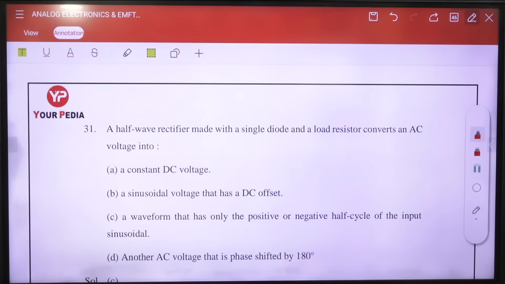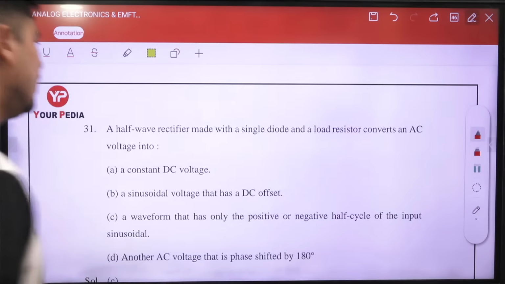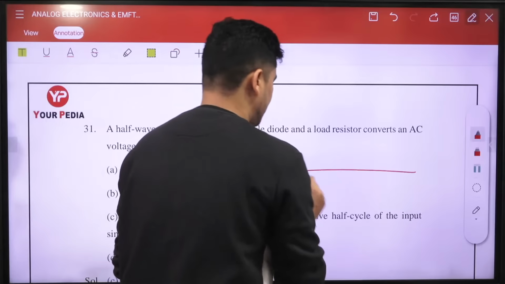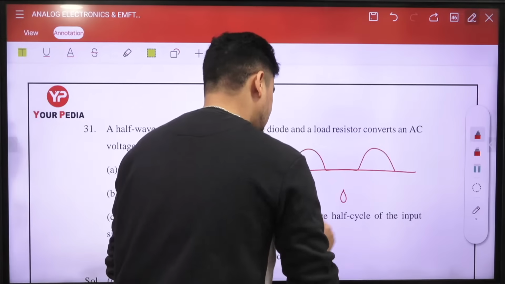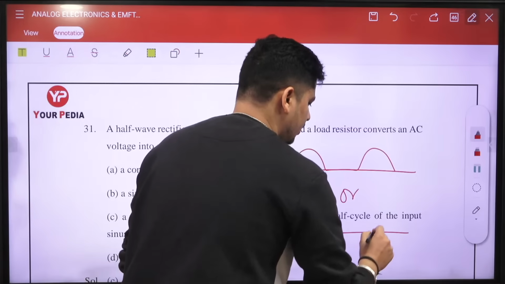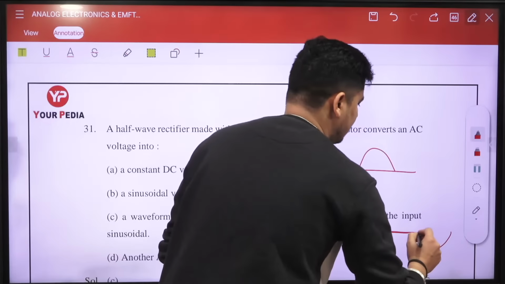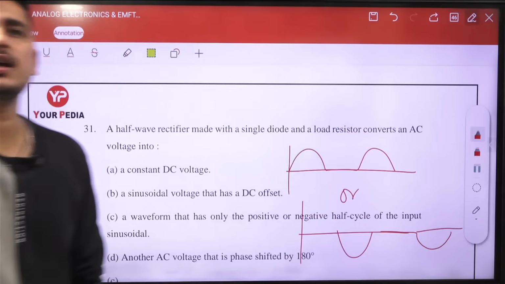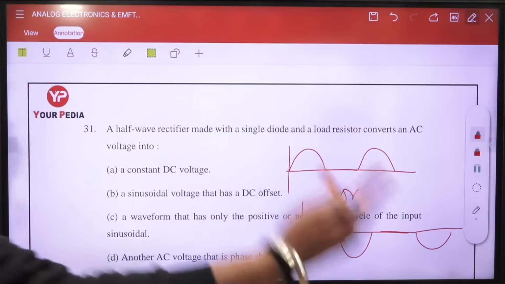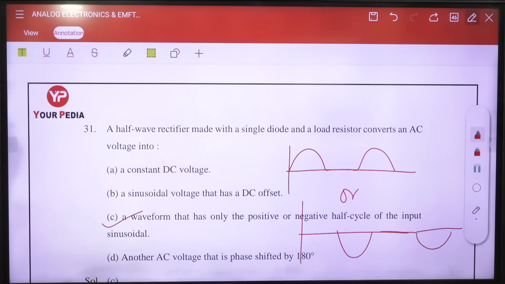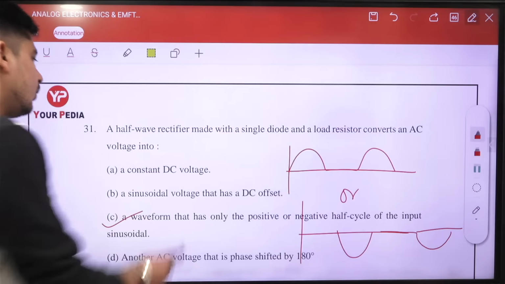No, that's not going to be sinusoidal. If you draw the output waveform of a half wave rectifier, it will look like this, or it will look like this also, if the diode is conducting for the negative cycle only. So the answer will be what? The waveform that has only the positive or negative half cycle of the input sinusoidal wave. Understood? So the answer is C here.